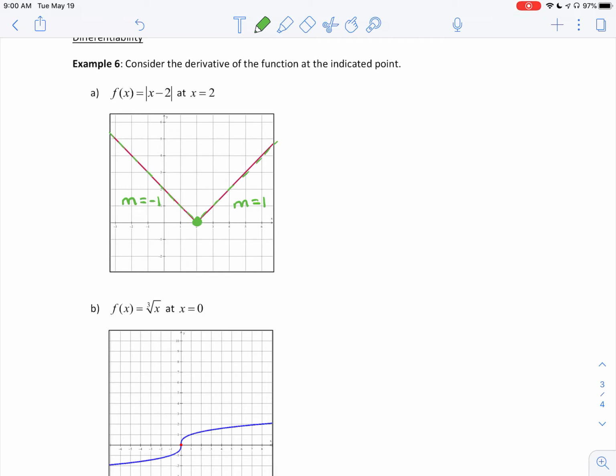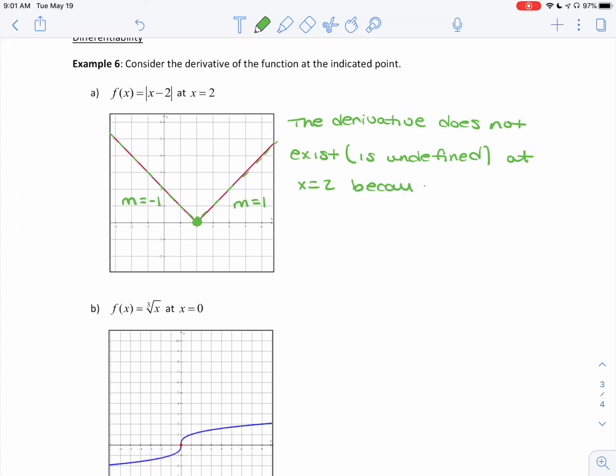Okay, so here the derivative does not exist, or you could say is undefined at x equals 2.